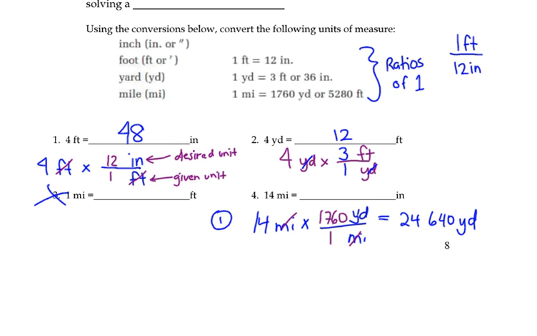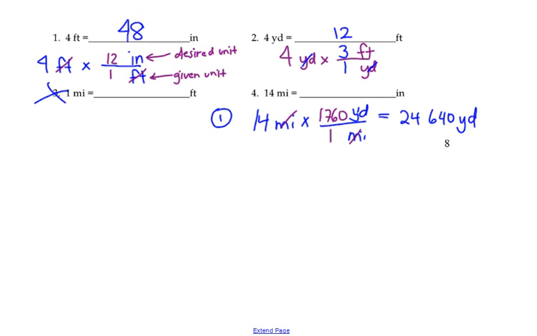Okay, now what are you going to do with that yard? Convert it into inches. So we're going to do another conversion. So we want inches now, we have yards. But you're going from miles. Oh yeah. You could do that twice.